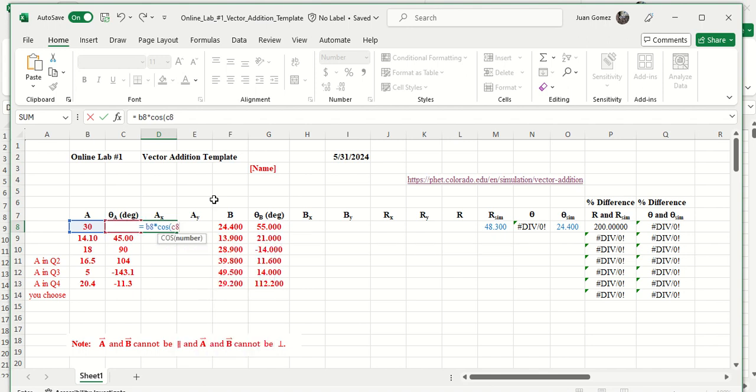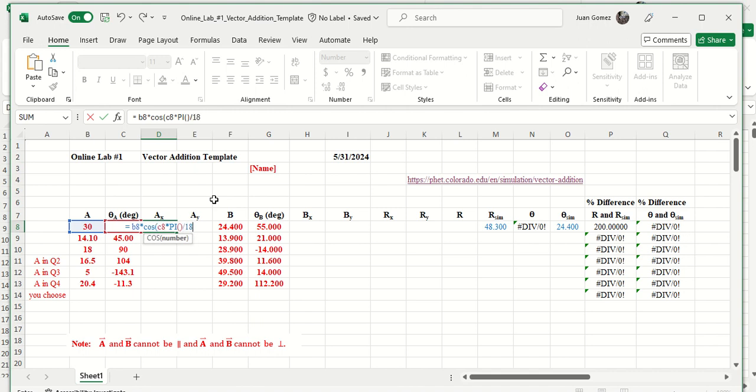But when Excel does calculations involving angles, the angle needs to be in radians. So cell C8, that's theta A, I need to convert to radians. So I have to do times pi. The Excel function for pi is PI followed by empty left and right parentheses. So that's C8 times pi, then divide by 180.